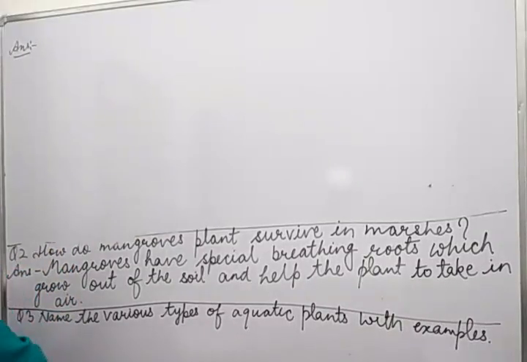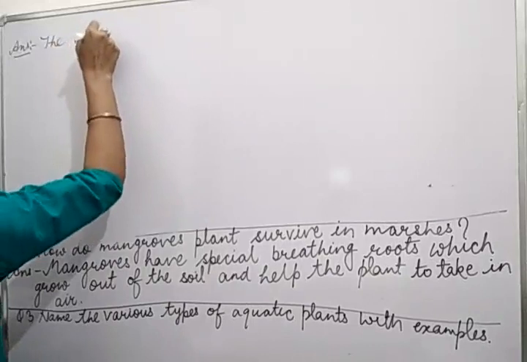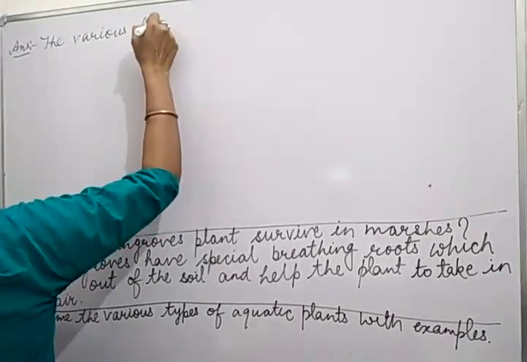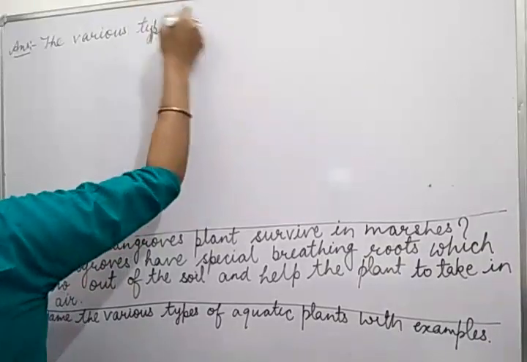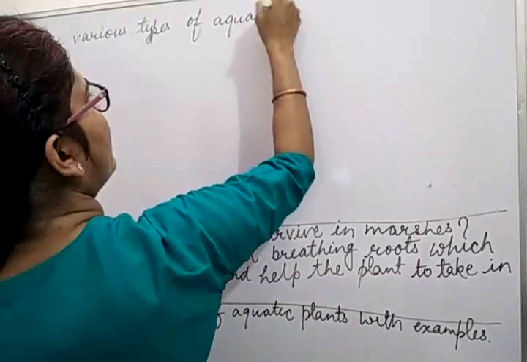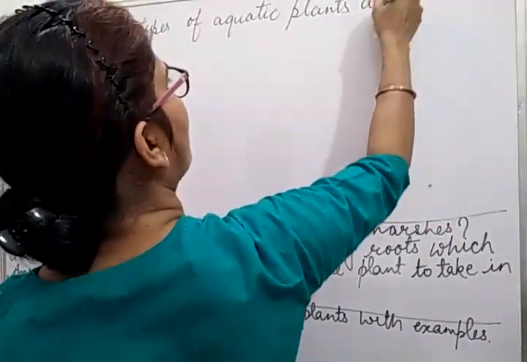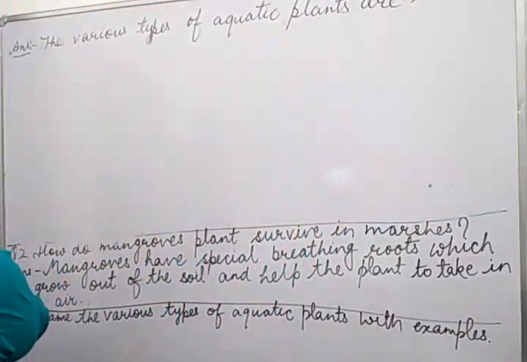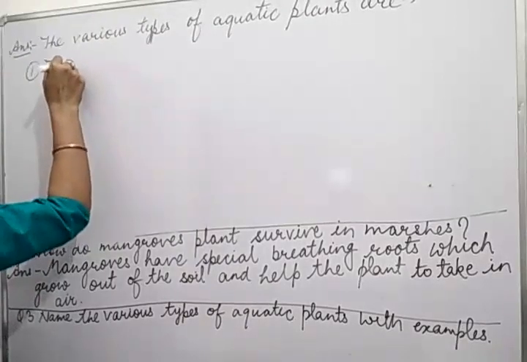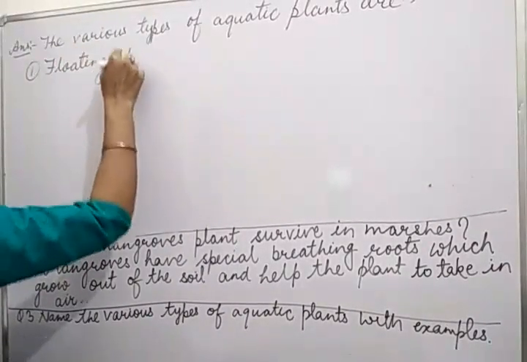The various types of aquatic plants are, the first one is floating plant.